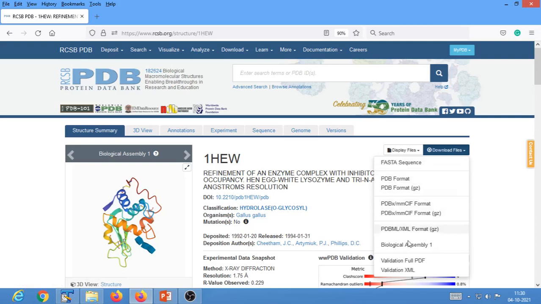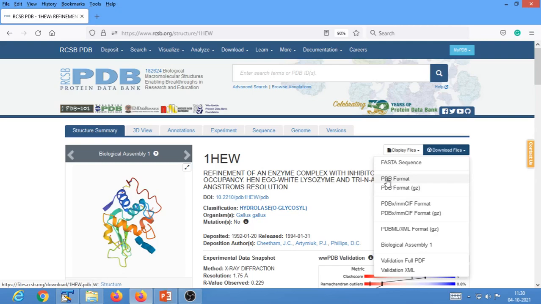That would completely depend on what you want to do with your PDB file or your structure file. For our purpose, we would require the structural model of our protein molecule in text format.